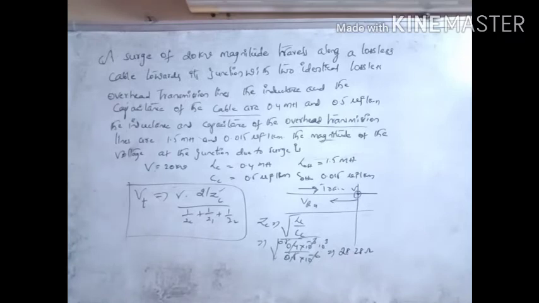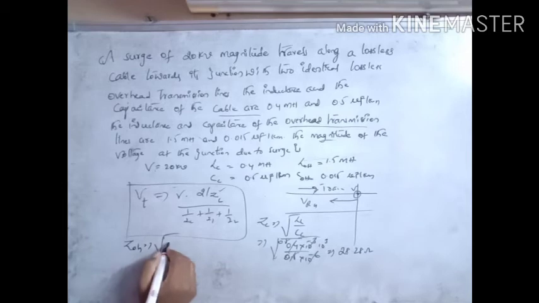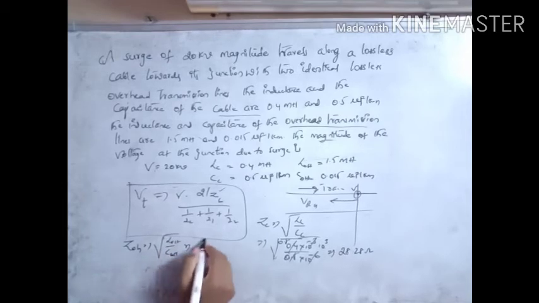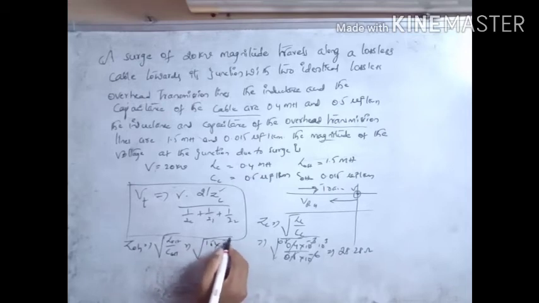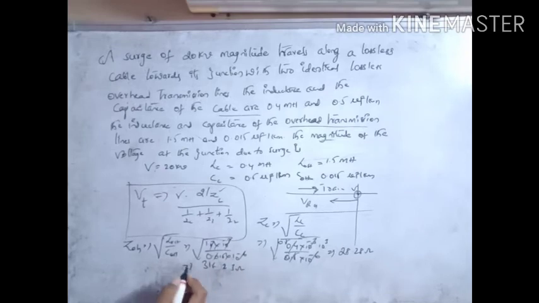Similarly, for the overhead transmission line, ZOH equals the square root of LOH by COH, which is the square root of 1.5 into 10 to the power of minus 3 divided by 0.015 into 10 to the power of minus 6. If we solve this, we get 316.23 ohms.